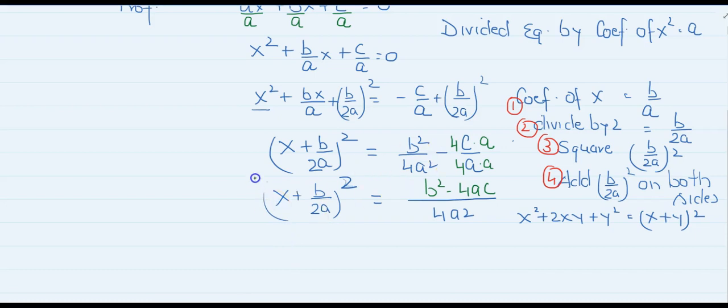Now let's take the root of both sides. The square and the square root cancel each other.